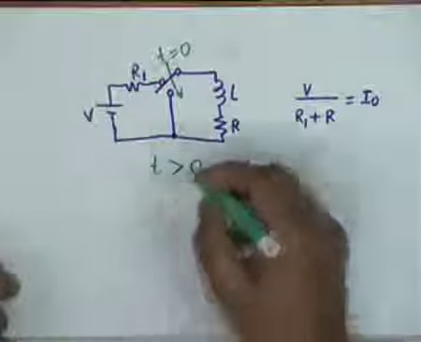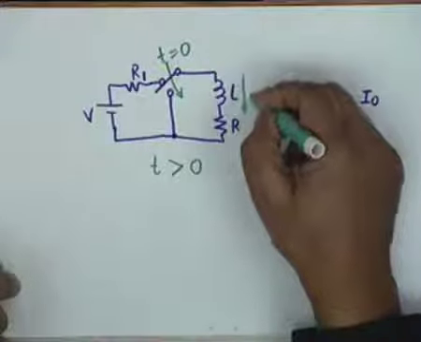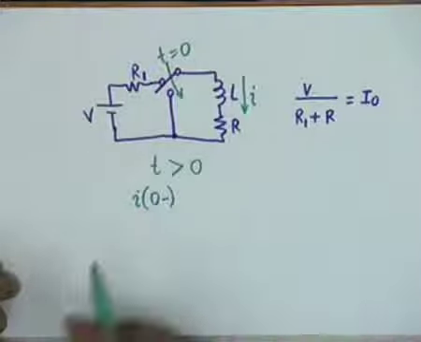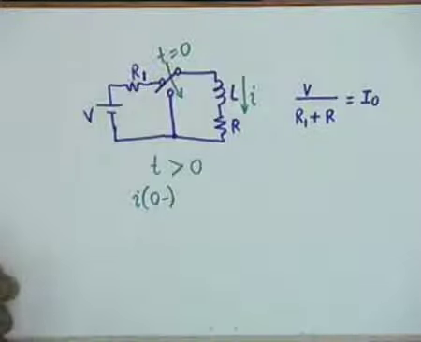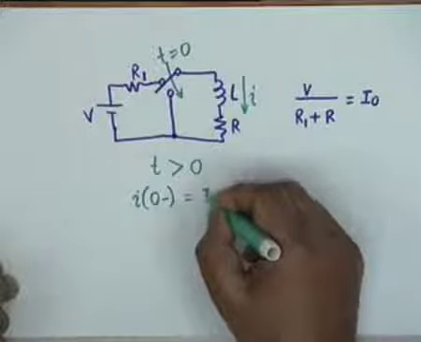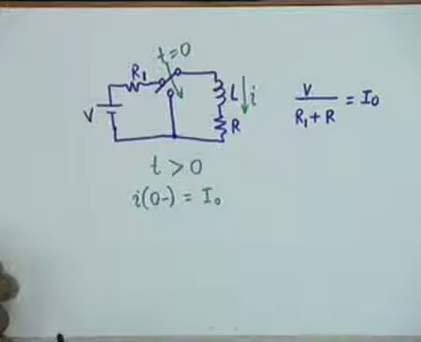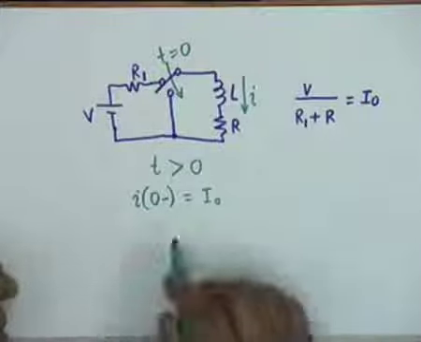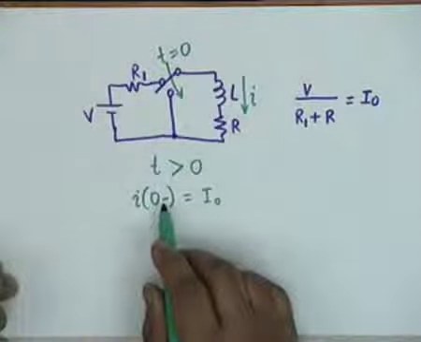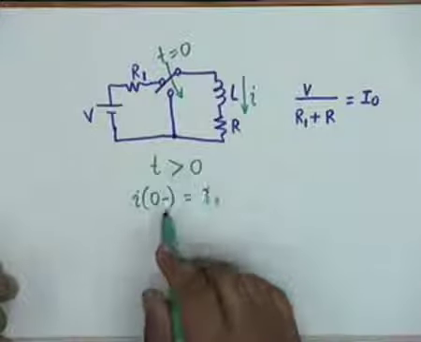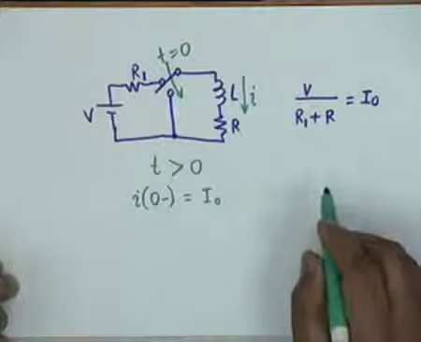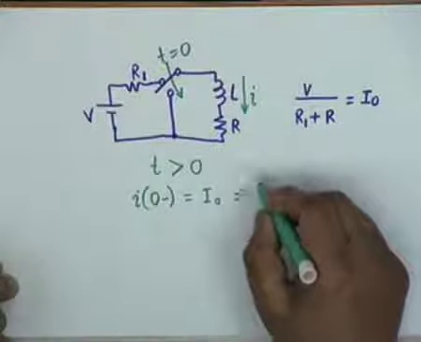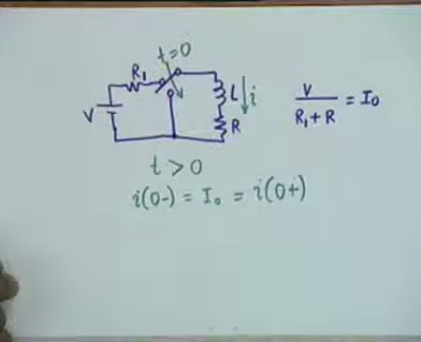The initial condition is that if I consider this current as I, then I of 0 minus, just before the switch is thrown in the other position, is equal to I0. This is the significance of the minus sign here. You know the energy of an inductor cannot change instantaneously, and therefore this will be I of 0 plus also.